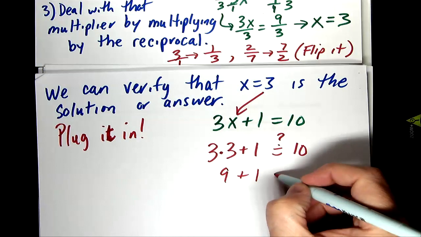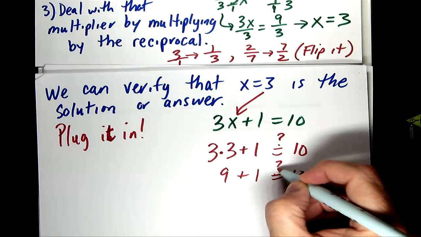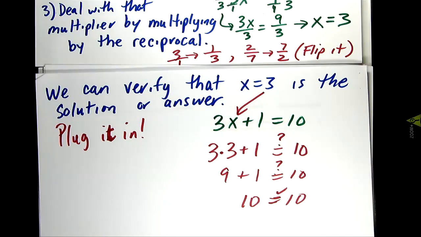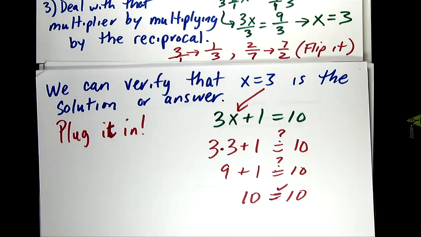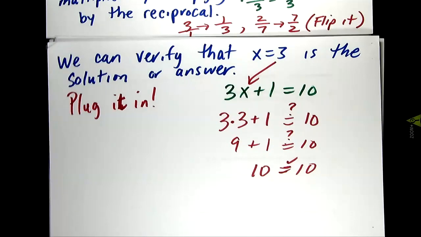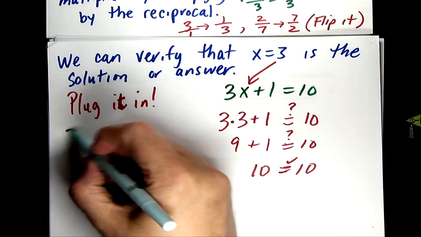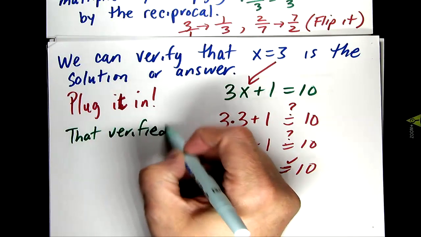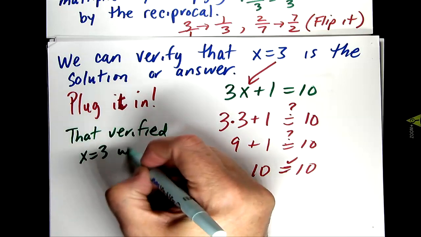And we get 10 equals 10. Which verifies that x equals 3 was the solution. That verified x equals 3 was correct.